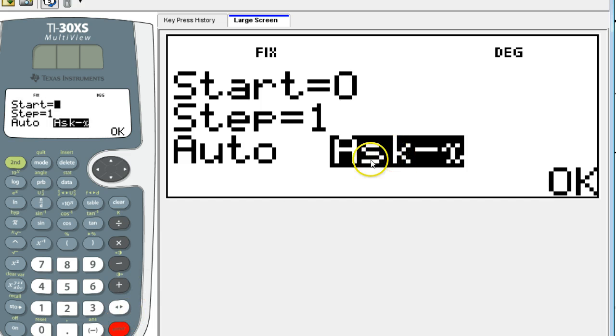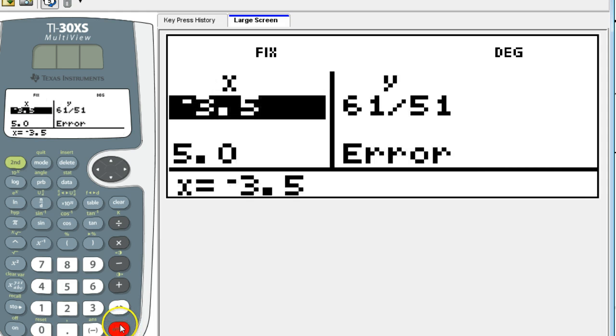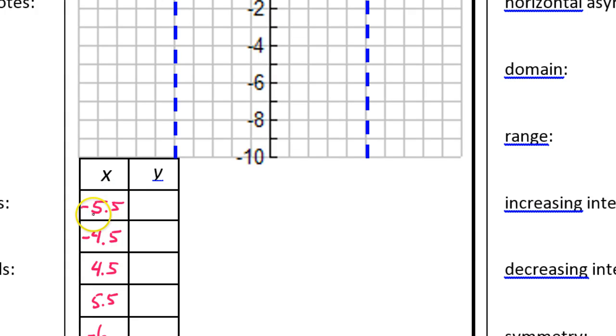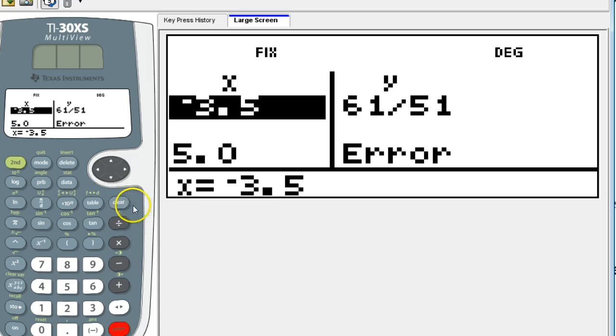Okay, now I recommend putting the calculator in ask mode, so you can just do all the decimals you want. Okay, so now I can type in -5.5 and -4.5.